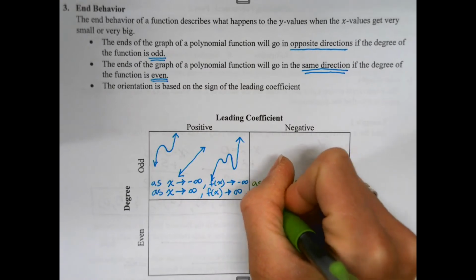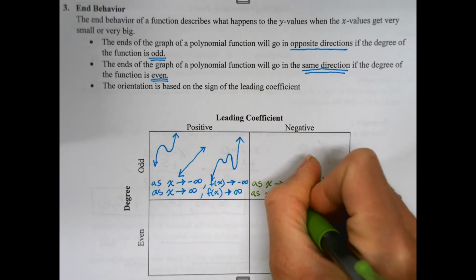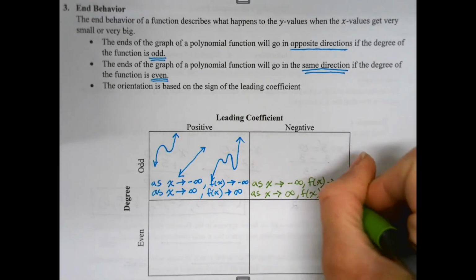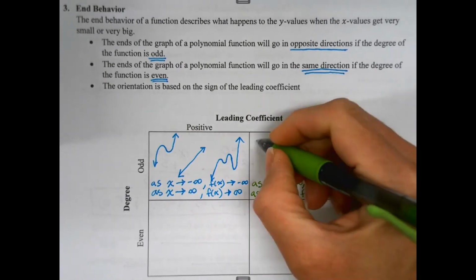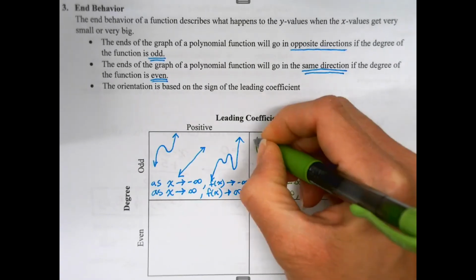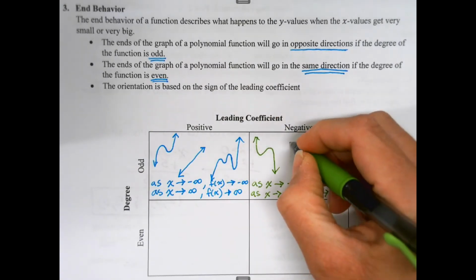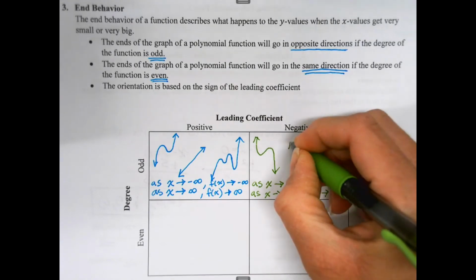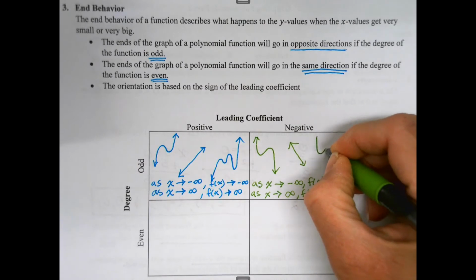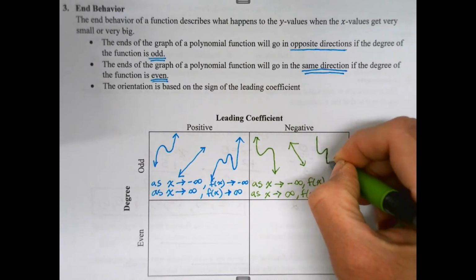And as x goes to positive infinity, our f of x values are going to go to negative infinity. So we'll have graphs that look something like this, or you could have a straight line, or multiple turns happening here.